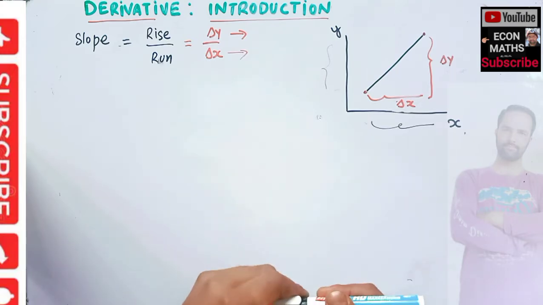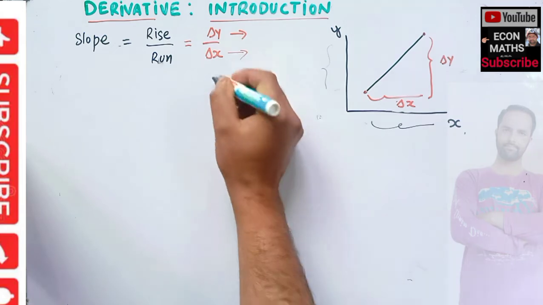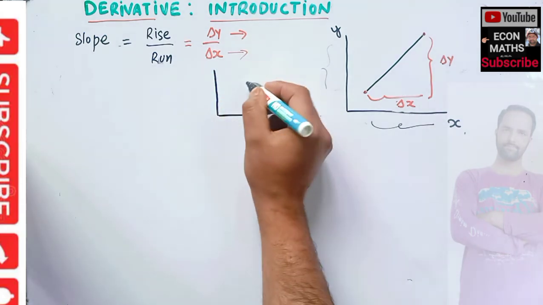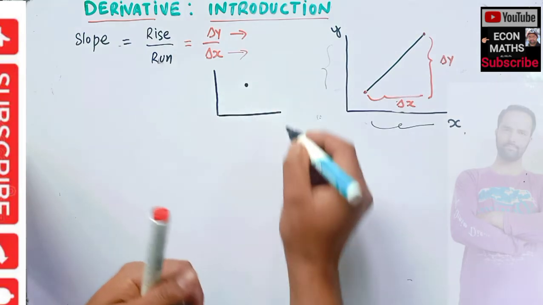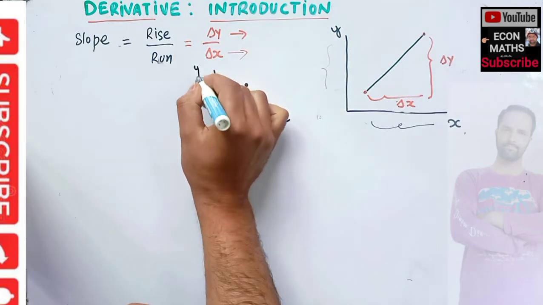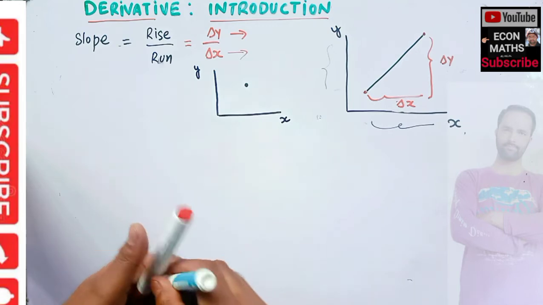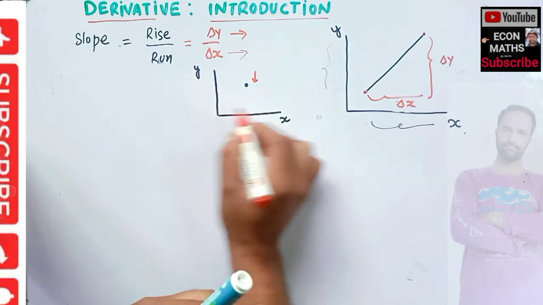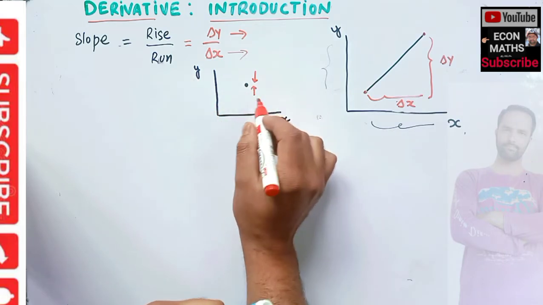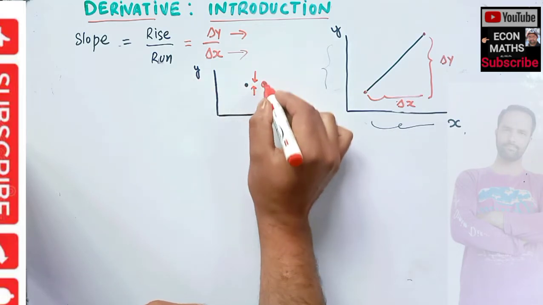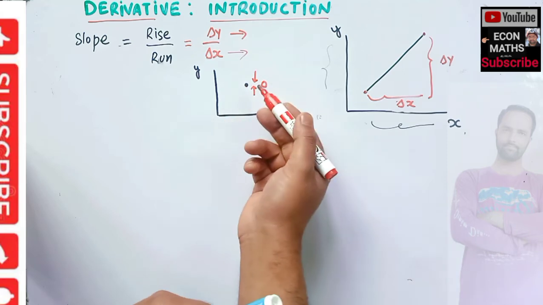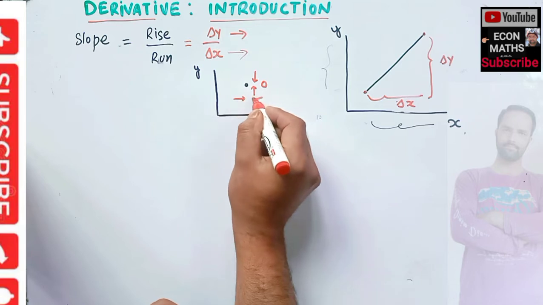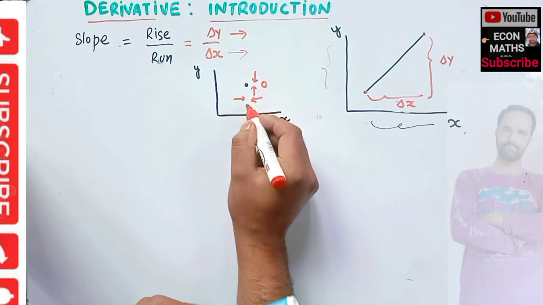But what about a single point? If we have a single point, let us say I have another graph with this point, what will its slope be? If I use this very formula, you can easily see that the change in y is equal to 0, because at a point the vertical distance is 0, and similarly the change in x is also 0.